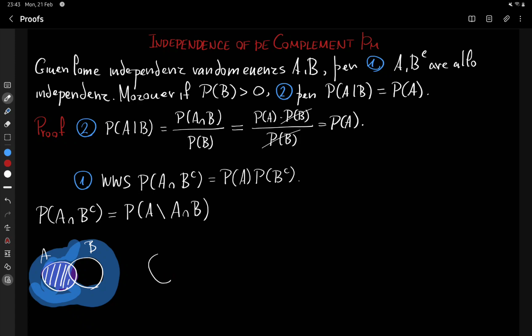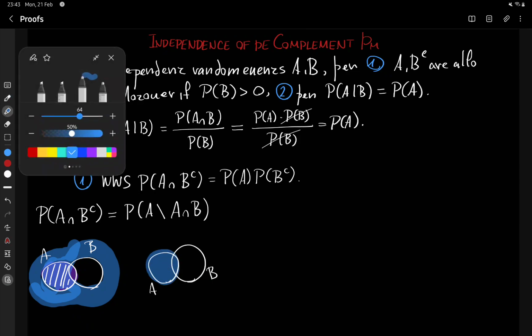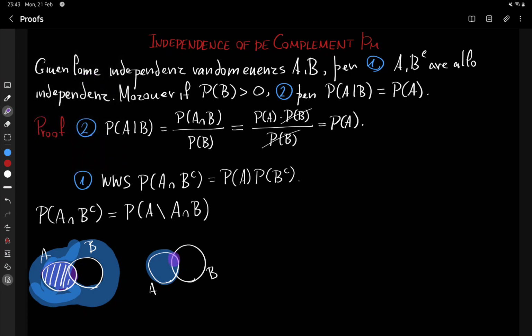And in the second situation, A without A intersected with B, which is this middle bit, again yields this chunk with the right-hand side bit cut out.